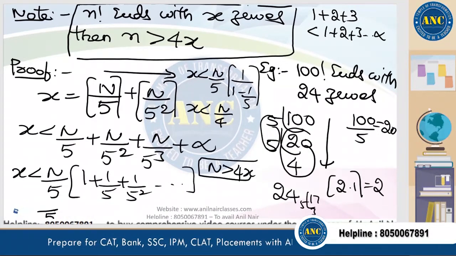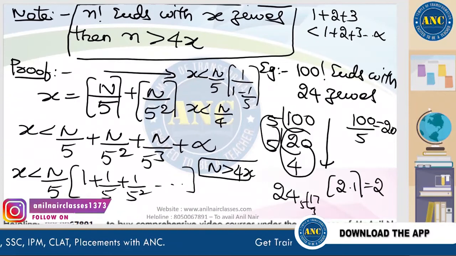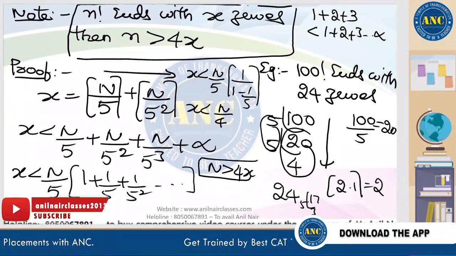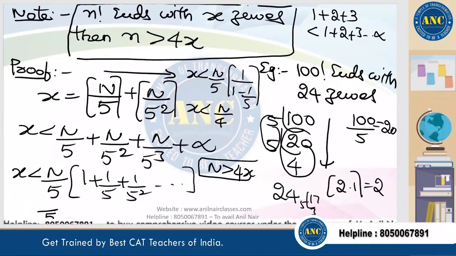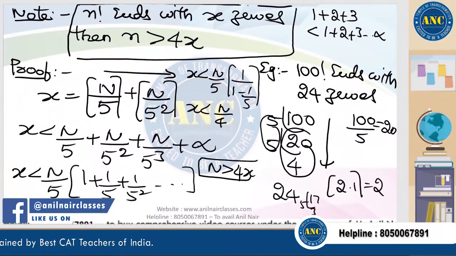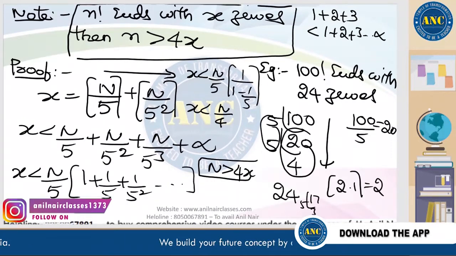Please make a note of it. Generally in the questions only factorial problems will be given, and the number of zeros at the end is asked. But right now I am giving you the number of zeros at the end, and then asking you how to find the number.